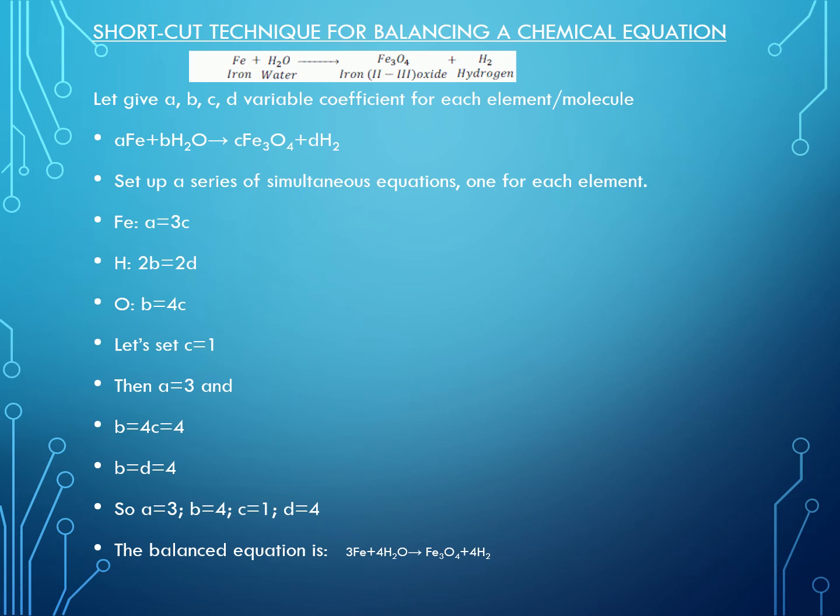Now the values of all the variables are A equal to 3, B equal to 4, C equal to 1 and D equal to 4. Now put these values of the variables in the equation and balance it. It has become 3Fe plus 4H2O, that gives Fe3O4 plus 4H2. Now our equation is balanced.